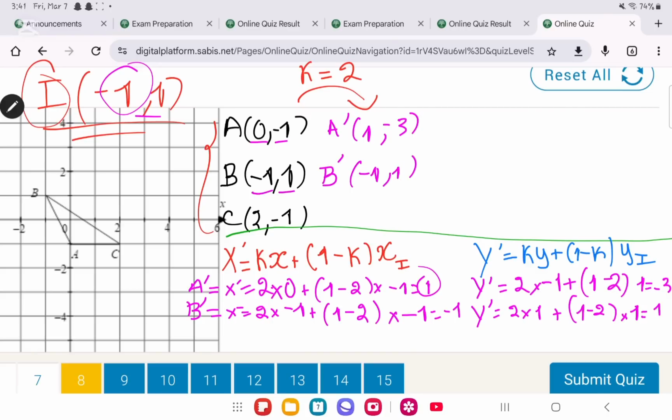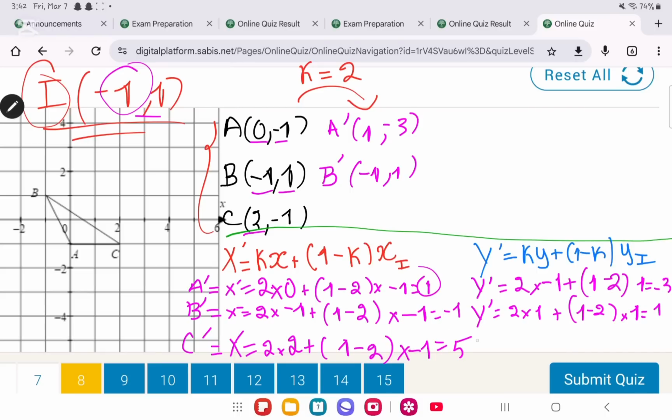And now finally, to find the values of C prime, to find its x prime, it is very simply the constant k, 2, multiplied by its x, I believe its x is 2, plus 1 minus 2, the constant k, times the x of the center, which is minus 1, and this will give us an answer of 5.